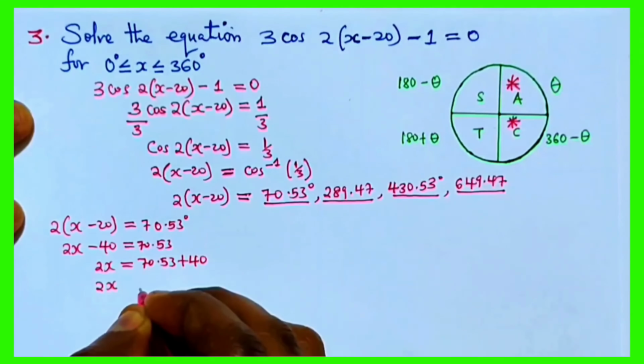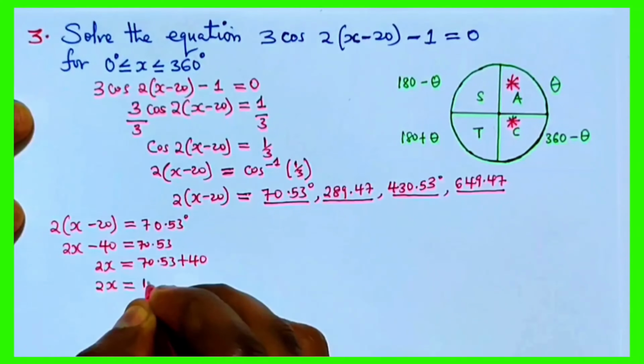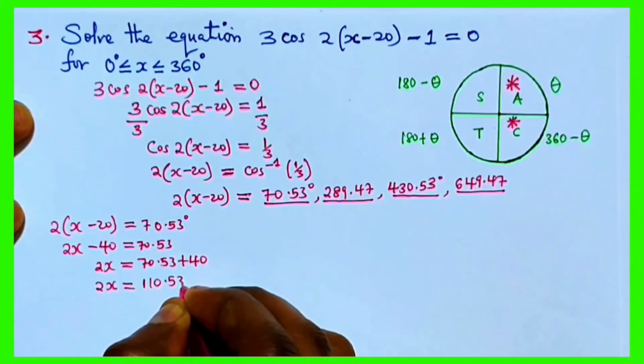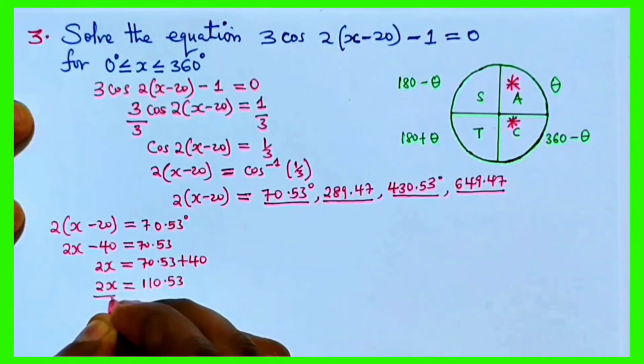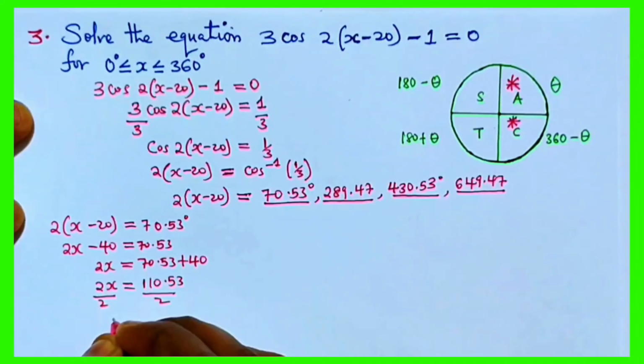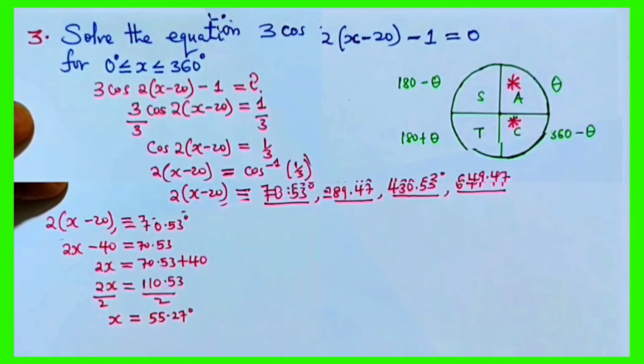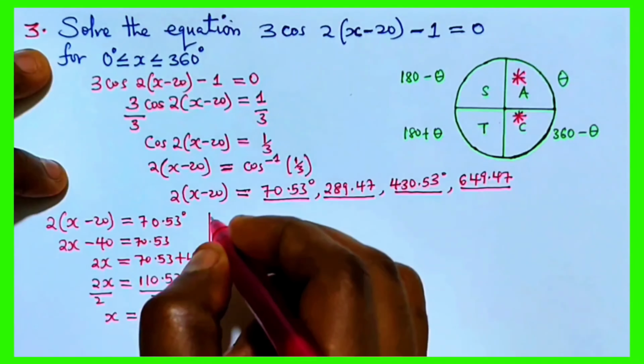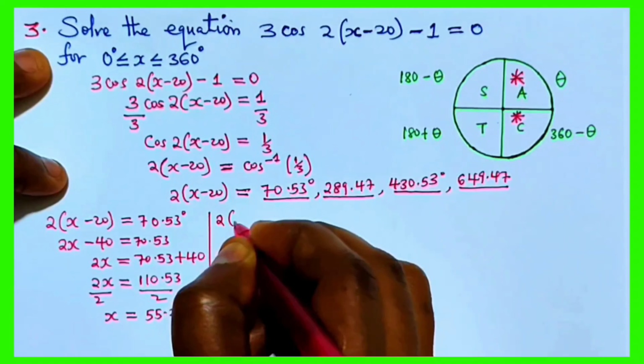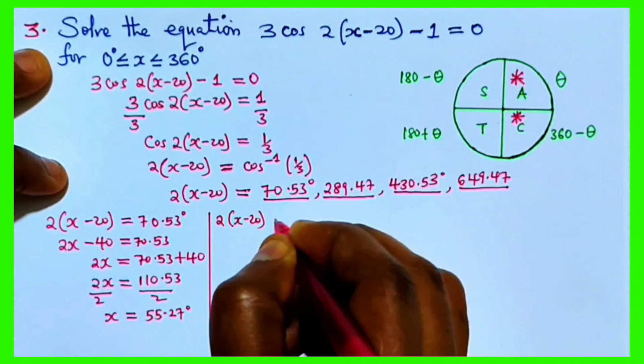So 2x will be equal to 110.53 degrees, and on dividing both sides by 2, we are going to get the value of x to be equal to 55.27 degrees.